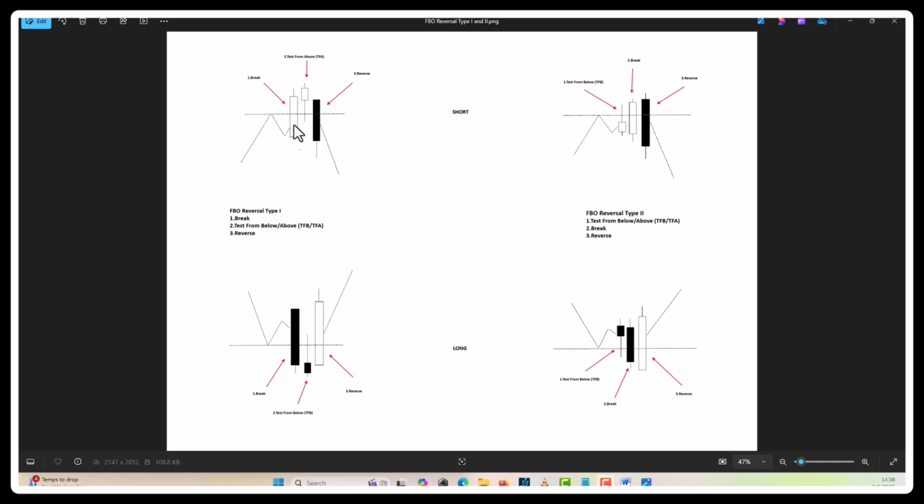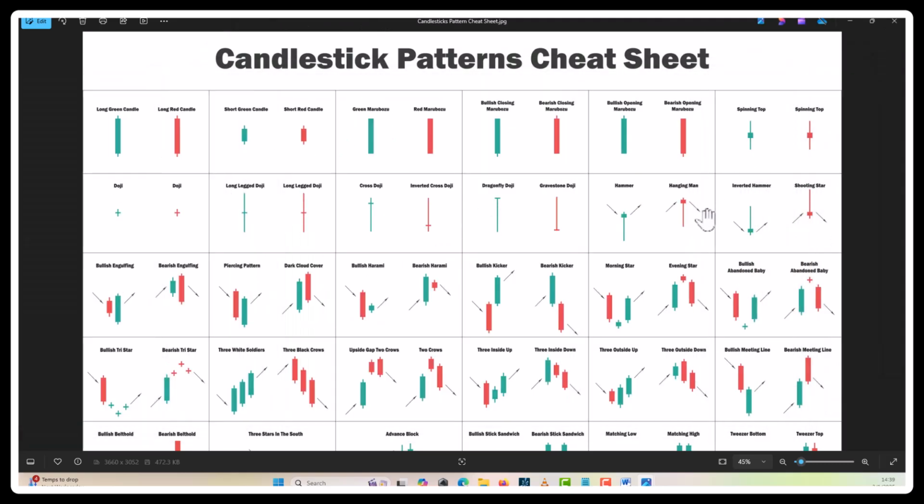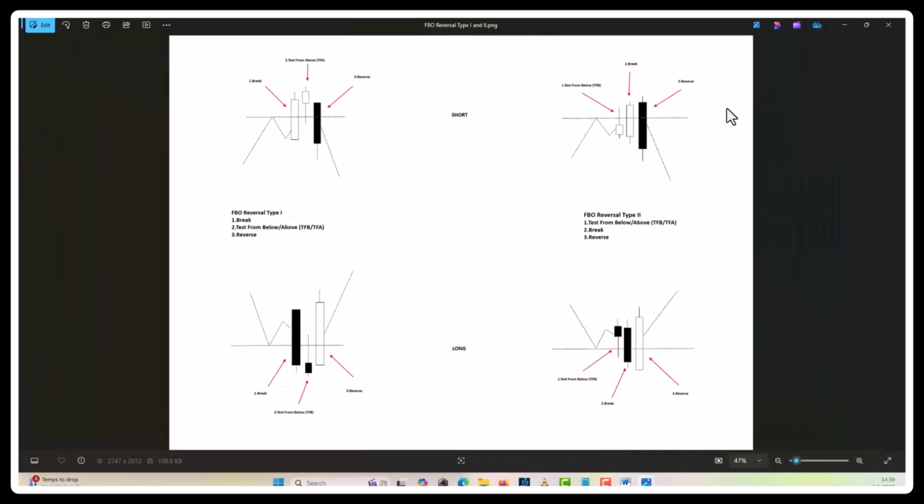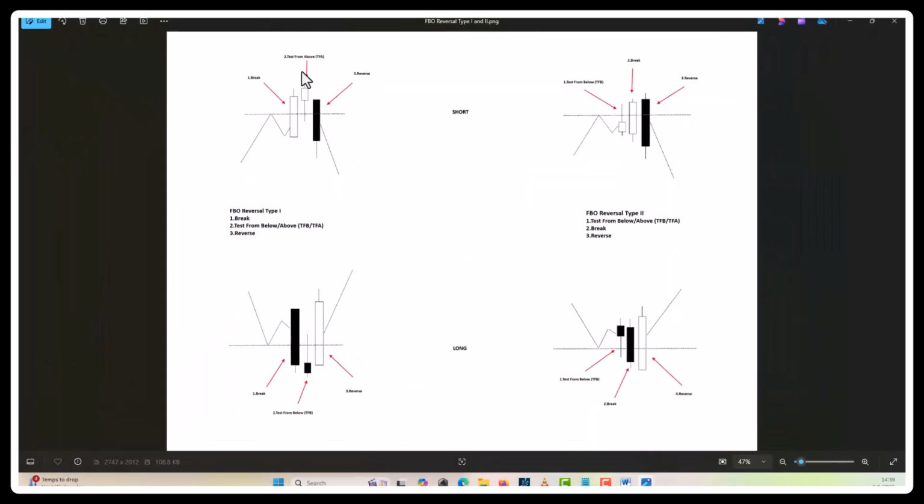For the short, you see a key level right here. It breaks, then it tests from above. Test from above can be equivalent to what we see right here, a hanging man. It can be a hammer or a hanging man. That's the test from above, so they are all related to our setup. That's the short setup.